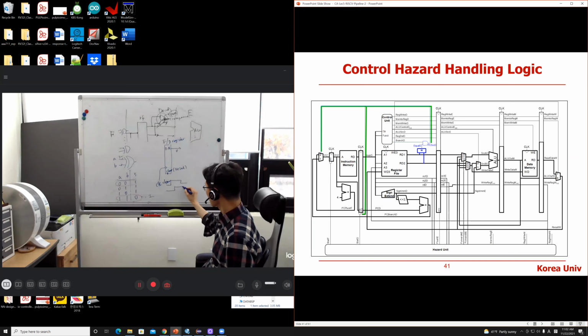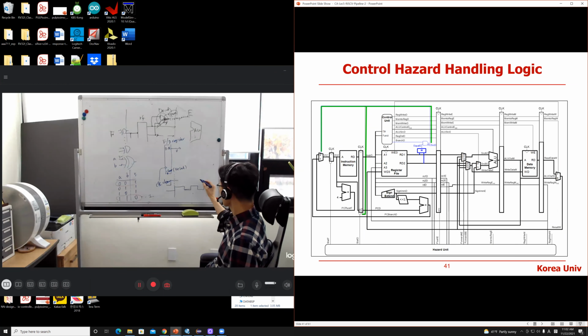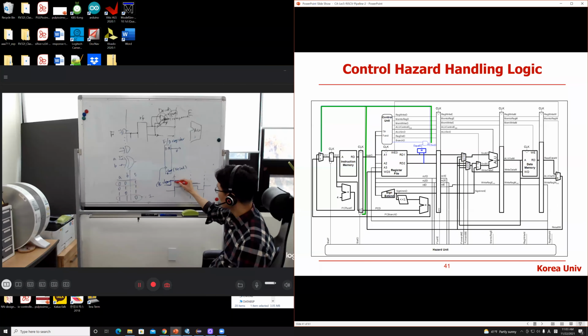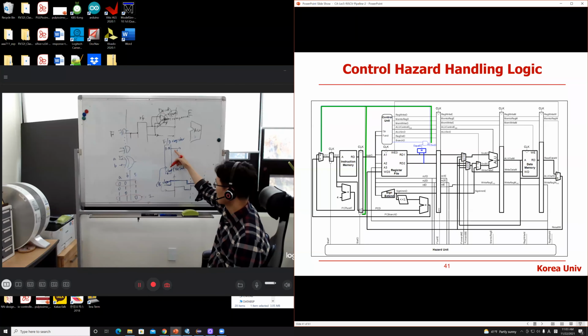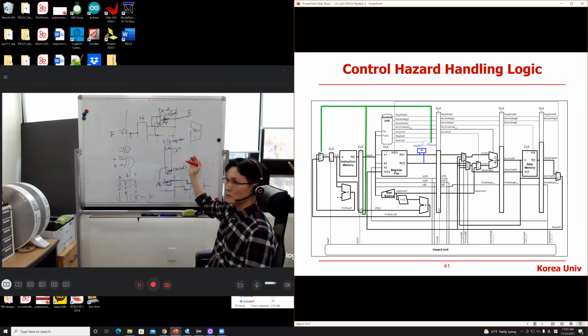At the rising edge of the clock, let me make it more realistic, clock: if the clear signal is asserted, typically for 1 clock cycle, then at the rising edge of this clock you want to clear this output to 0. 0 means no operation.